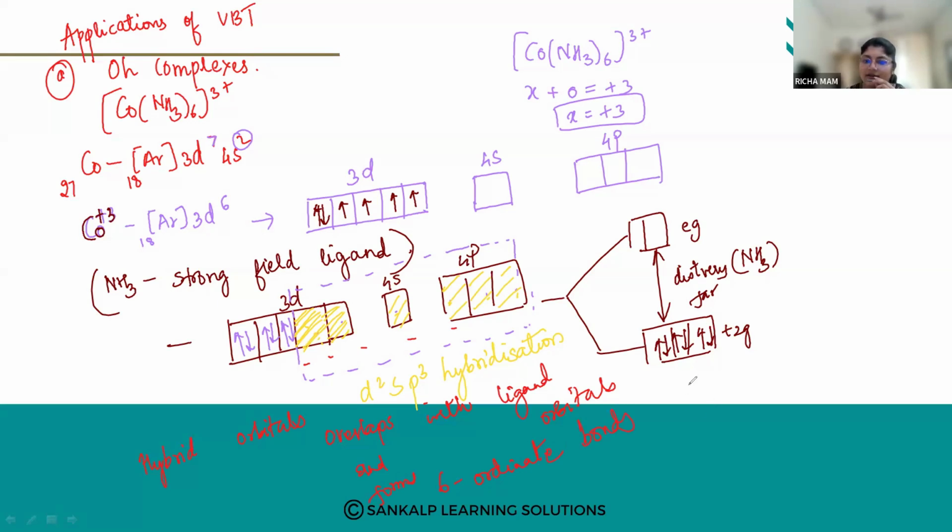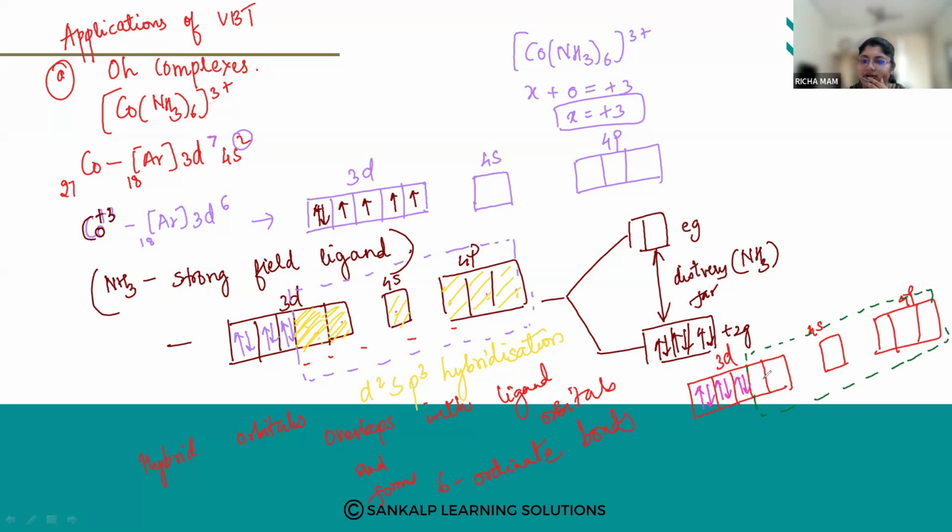See here again. So 1, 2, 3, 4, 5. So this is 3D, 4s, and 4p. So again the filling of electrons. So these are the paired electrons of your cobalt. Now this, what is that? Ligand. So these are filled by the ligand orbitals.